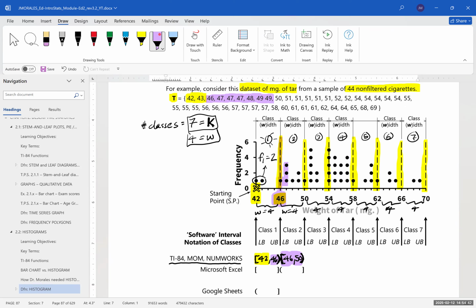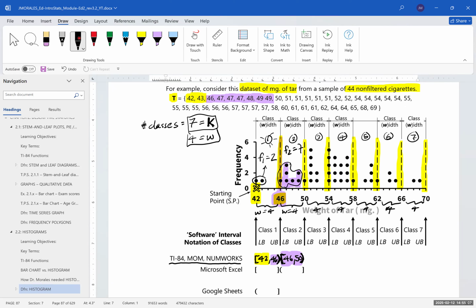We've got 3 47s. We have a 48 and a 49, but we're not going to include 50. So what's the frequency of our second class? We've got 1, 2, 3, 4, 5, 6, 7. So our second class has a frequency of 7.